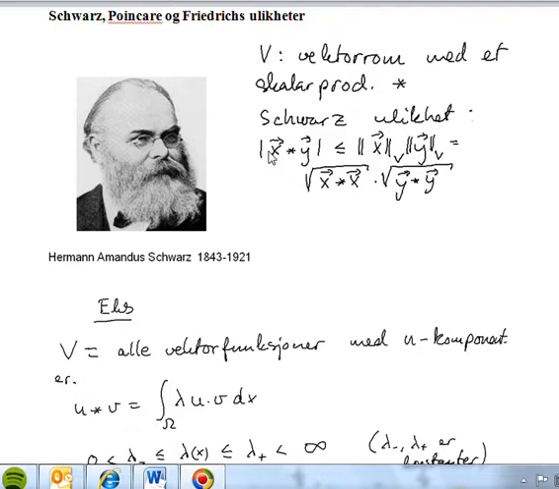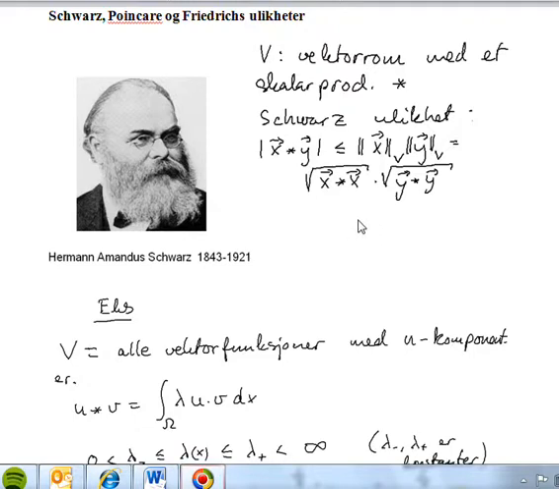The absolute value of the scalar product of x and y is less than or equal to the norm of x multiplied with the norm of y. And here we recall what the definition of a norm is, the usual definition which we have shown you earlier.